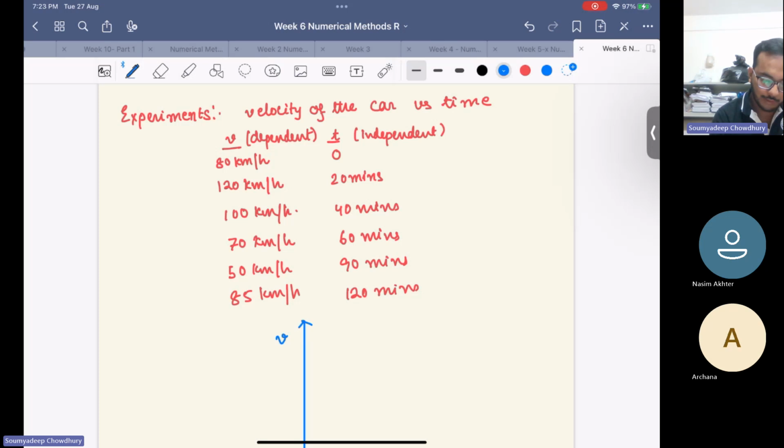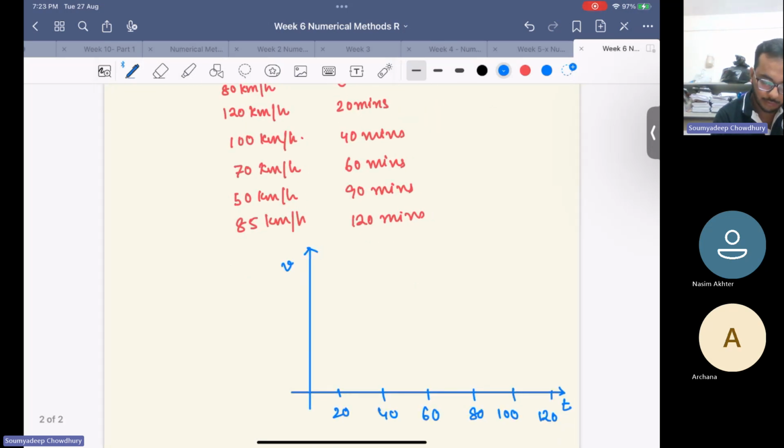And your velocity is varying from lowest is 50. So here is 20, 40, 60, 80, 100, 120. Okay. So this is your velocity in kilometers per hour and this is your time in minutes.